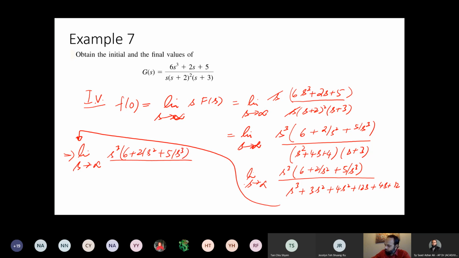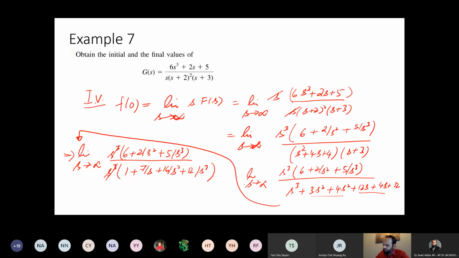And taking s cube from the denominator as well: s cube times 1 plus, 3 plus 4 is 7, so 7 upon s, plus 12 plus 4 is 16, 16 upon s squared, and plus 12 upon s cube, right?